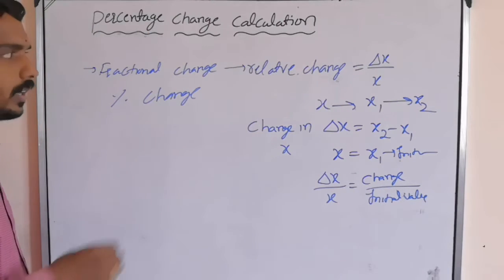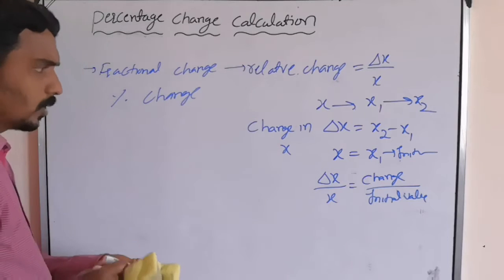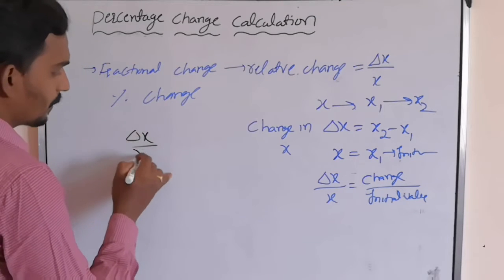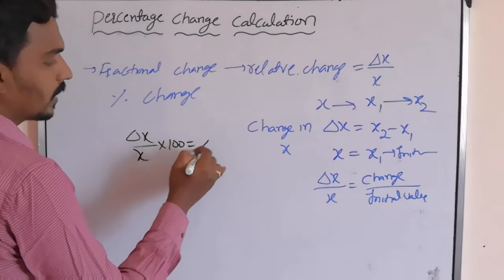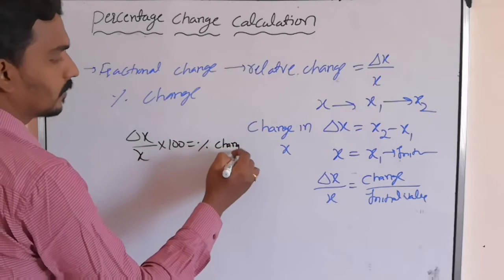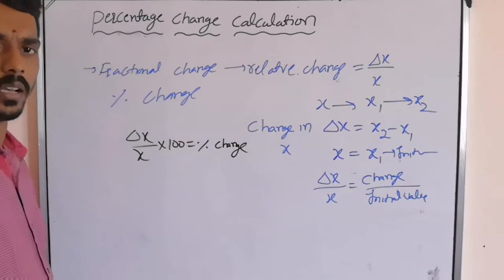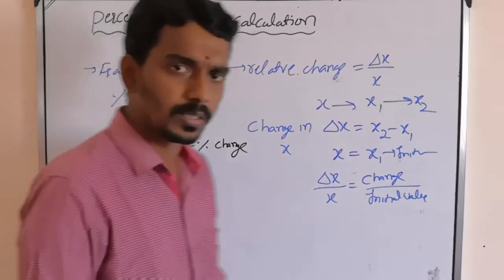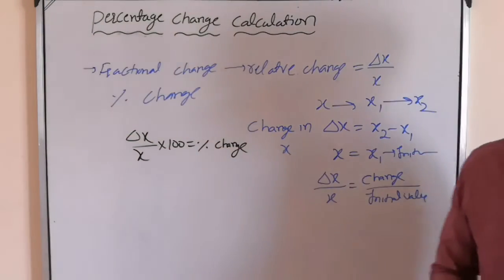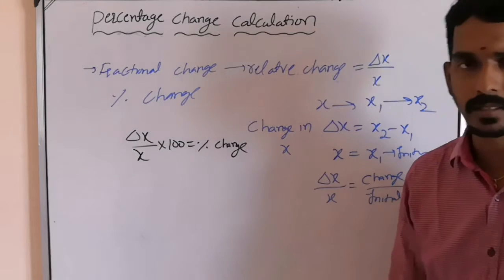Now if you multiply relative or fractional change with 100, that is percentage change. This is the simple formula. But while calculating questions, it is not that simple. So the method we need to understand.